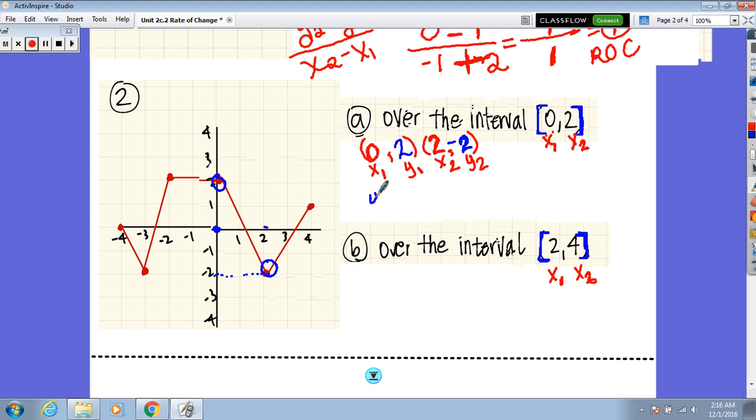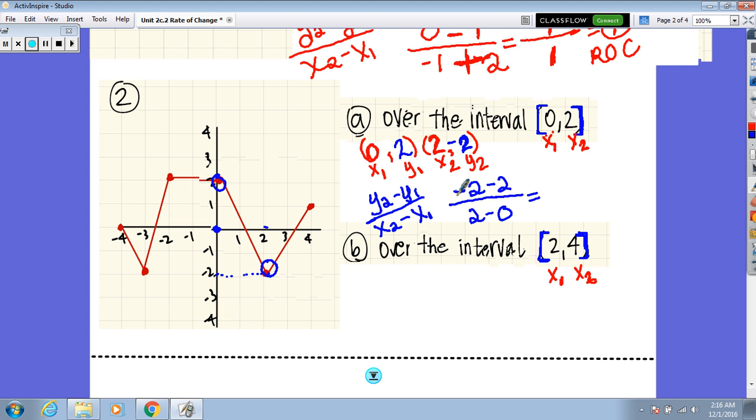So y2 minus y1 over x2 minus x1. Okay, so we subtract what two numbers on the top? -2 minus 2. Very good. What two numbers are we subtracting on the bottom? 2 minus 0.